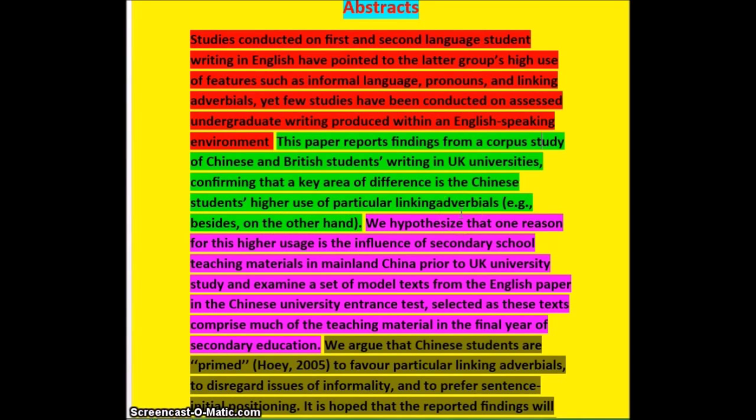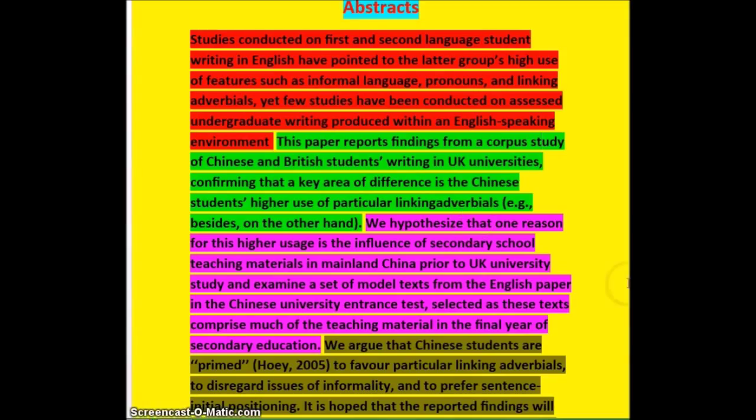And then the third sentence, we hypothesize that one reason, gives you a framework for their opinion about what their paper is about. Notice the abstract is told from the point of view of the author, so it's first person. If you don't like first person, you can say this report, as in the previous.